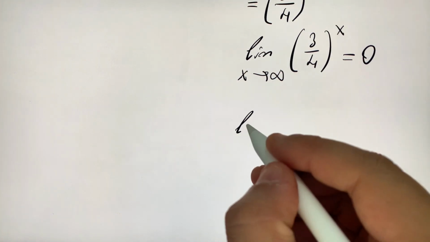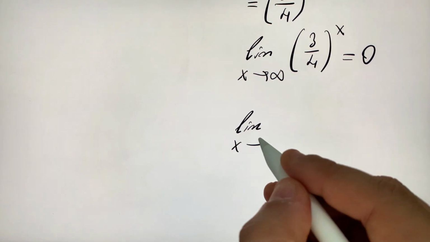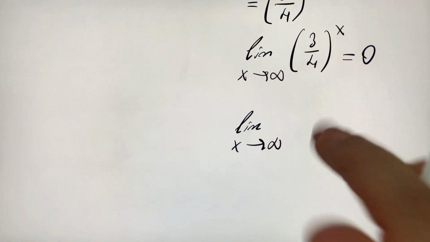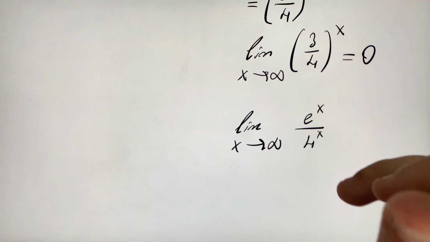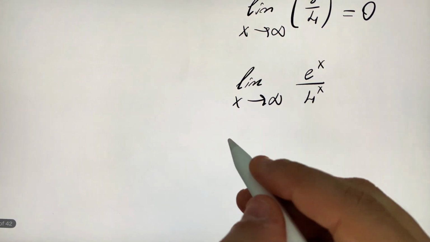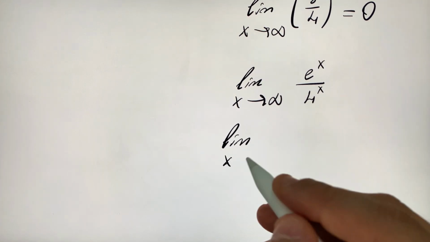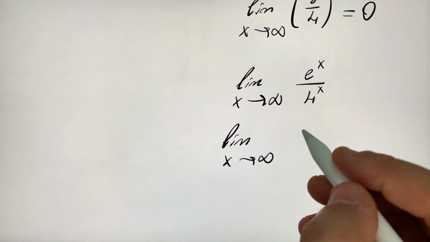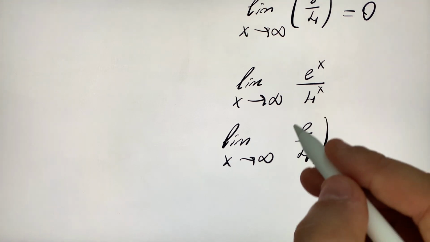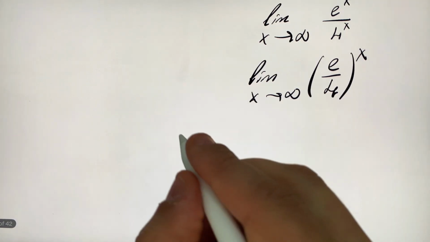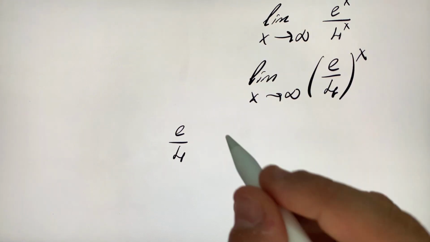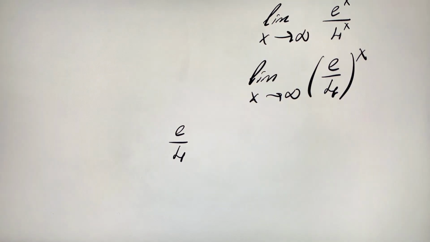Now let's look at the other expression: the limit as x goes to infinity of e to the x divided by 4 to the x. Let's approach it with the same logic: e over 4, to the x. The number e is 2 point something.